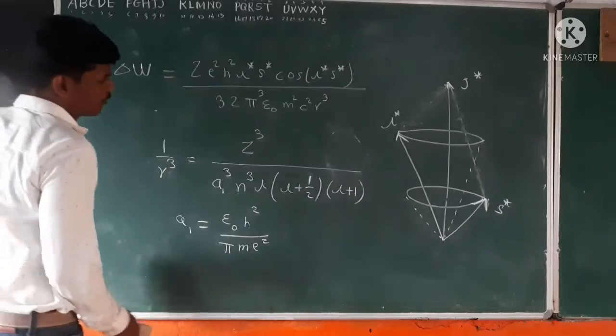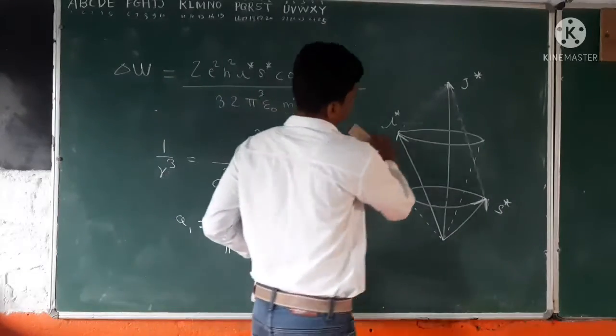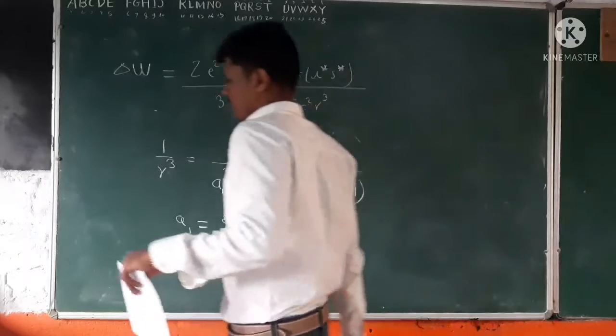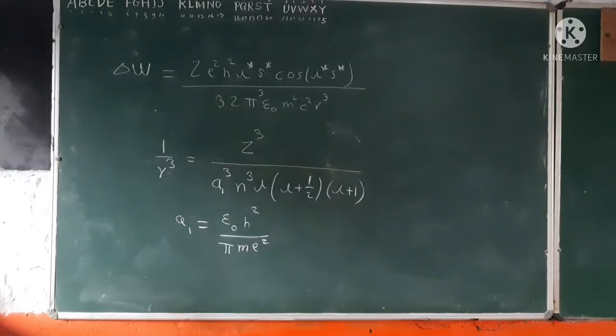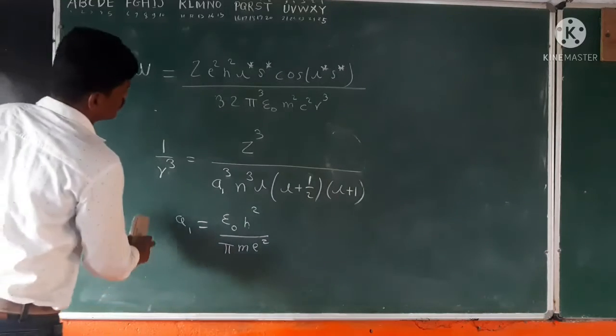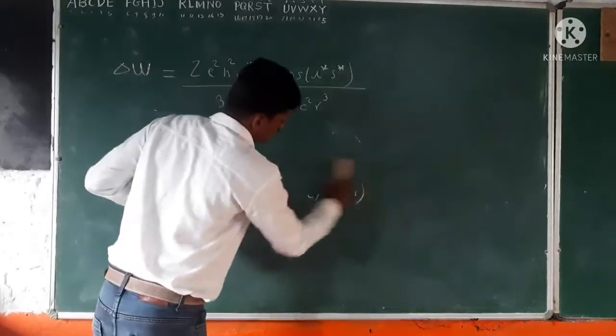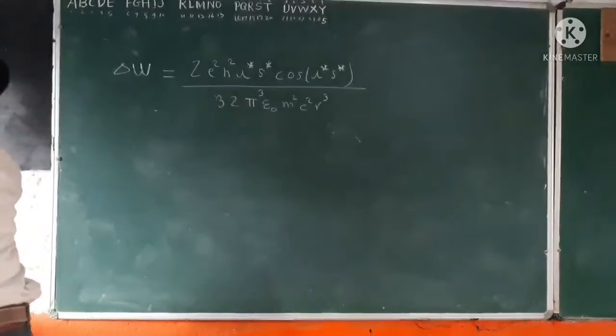We need to calculate. First we will calculate the complete interaction energy using these three equations. We write it directly, because we are just putting the values of 1 by R cubed and a1 in their place.